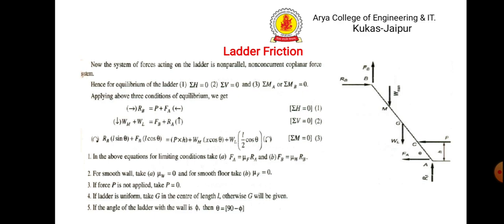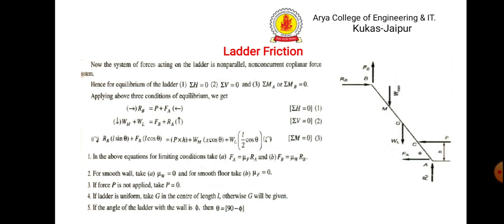Suppose the distance from A to M is x, then for Wm it is Wm into x cos theta, and for Wl, the weight which acts at CG at L by 2, it is Wl into L by 2 cos theta. This is your equation number 3.